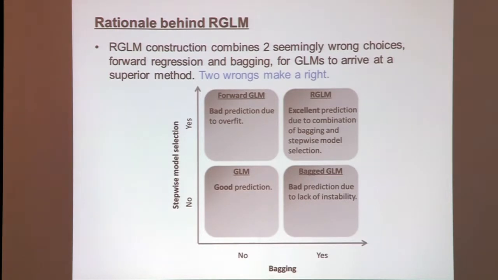Because one can show that bagging a logistic regression model actually doesn't improve the accuracy, but it greatly makes things complicated. Instead of one logistic regression model, now you have 500, and so there's no chance you can interpret it. In any event, the random GLM actually makes two wrong choices at the same time.